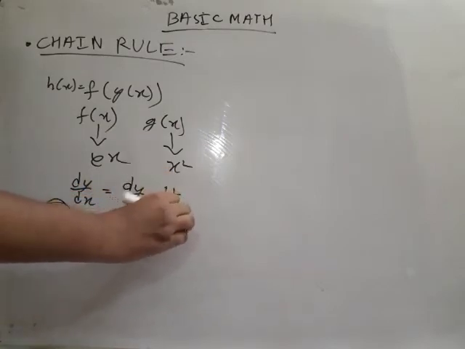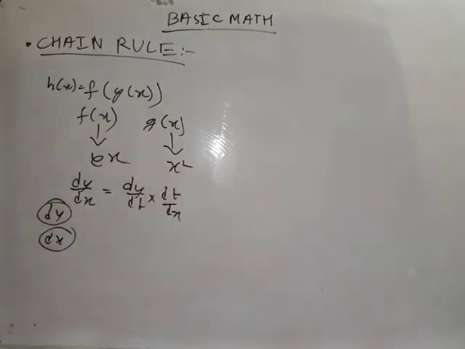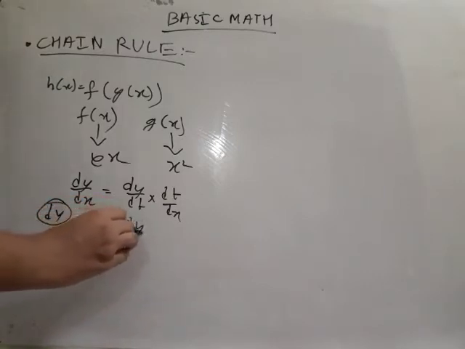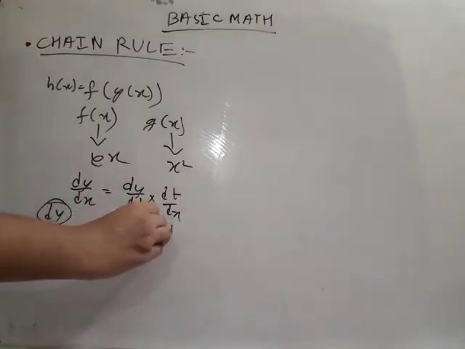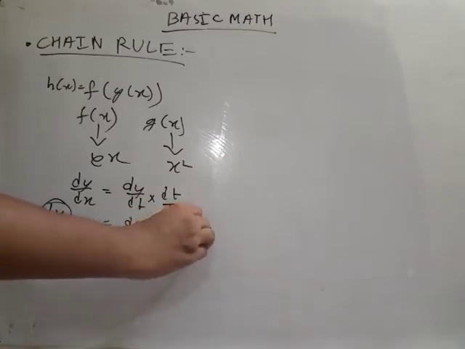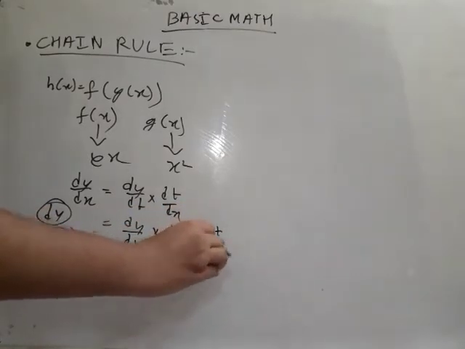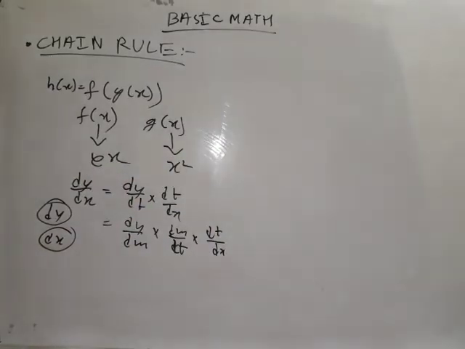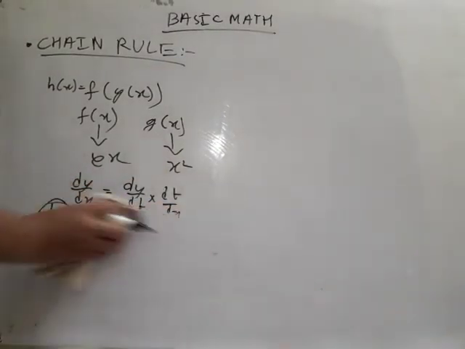Similarly we can write dy by dm into dm by dt into dt by dx. So this goes on. This is how we use the chain rule.